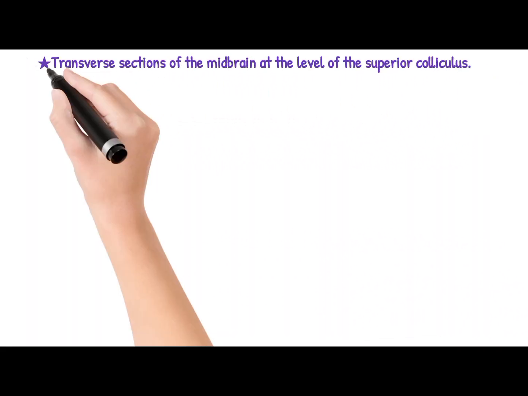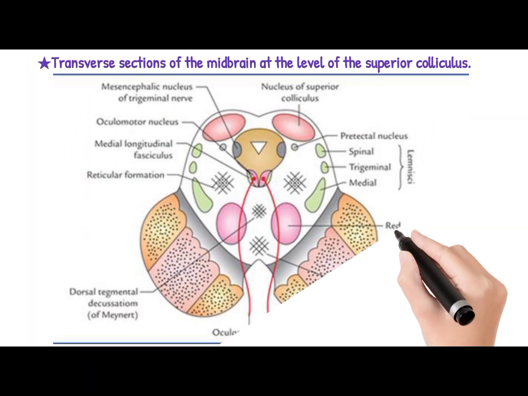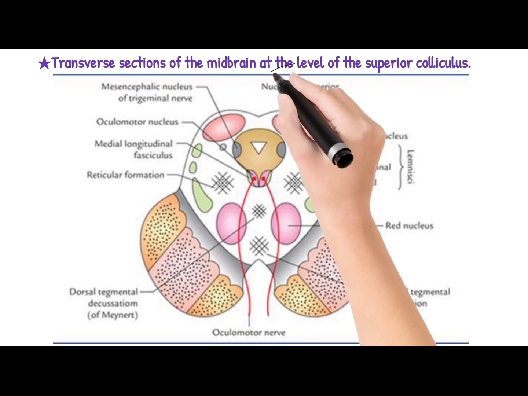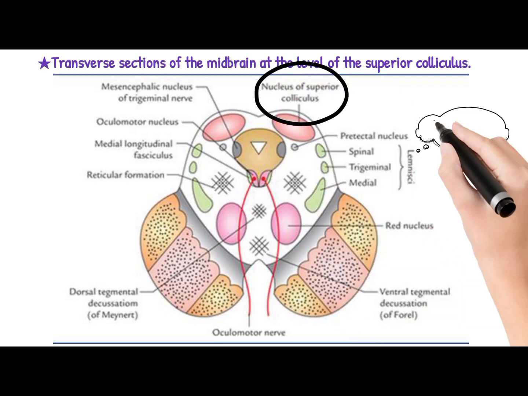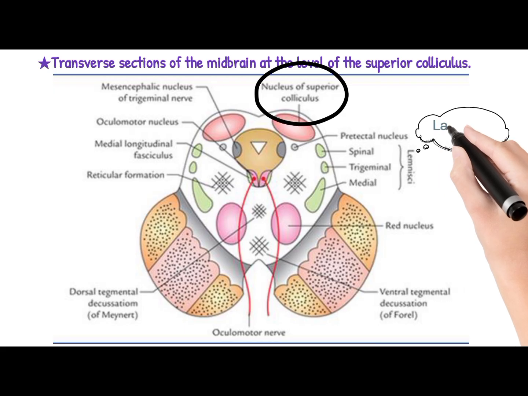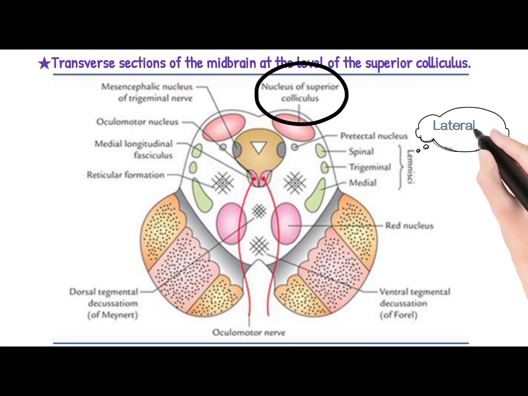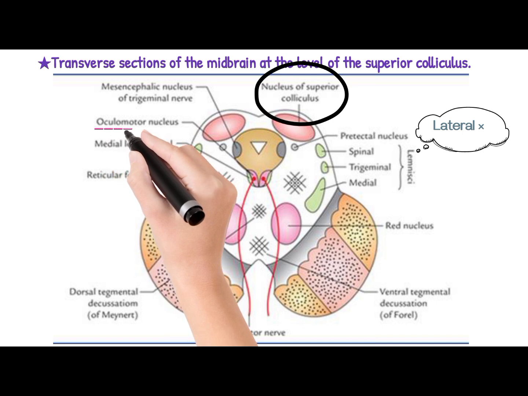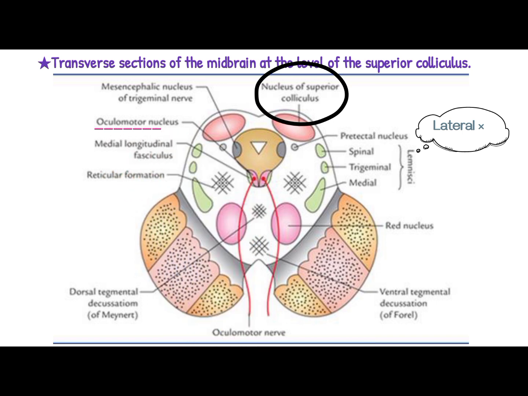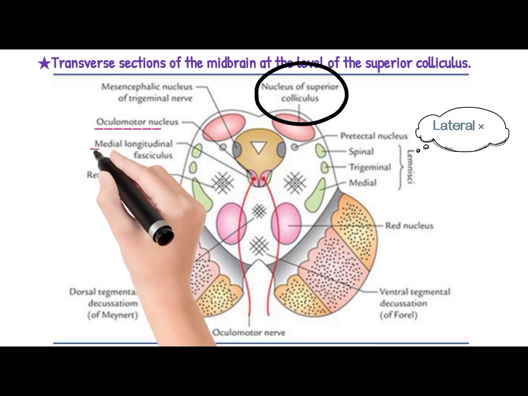Transverse section of the midbrain at the level of superior colliculus. This is nucleus of superior colliculus. There are medial, trigeminal, and spinal lemniscus, and there is no lateral lemniscus. The central gray matter contains two nuclei: oculomotor nucleus and mesencephalic nucleus of trigeminal nerve.